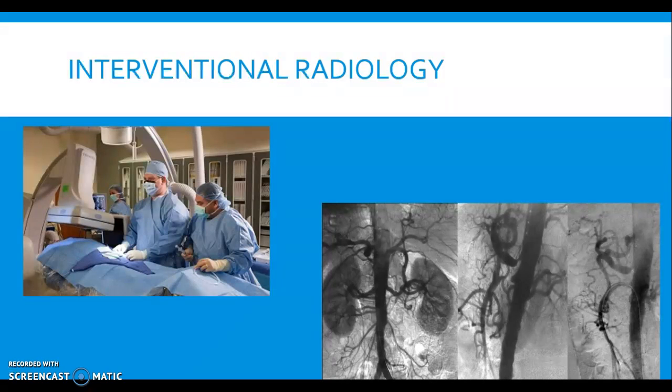There's always a physician in the room. There's an interventional radiology technologist and usually a nurse. The images on the right are various images of interventional radiology. The first picture is the kidneys and the renal arteries, and then images 2 and 3 are the aorta and the various vessels that come off of the aorta.